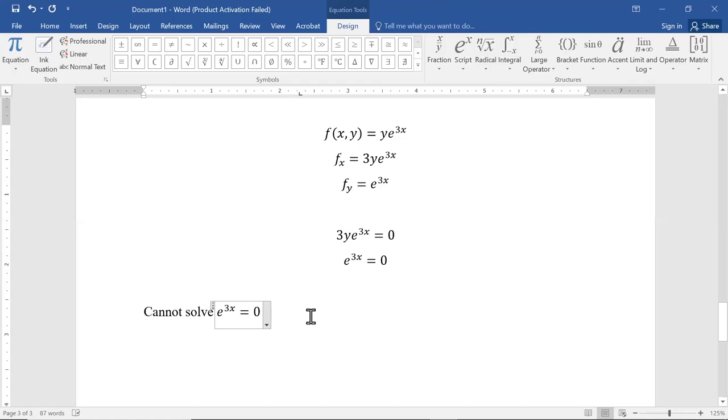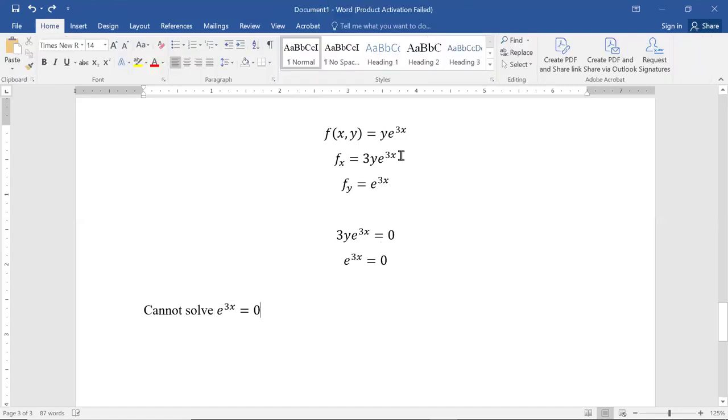Therefore, there's nothing we plug in that gives us an undefined f sub x or f sub y. And there's also nothing that can give us f sub y to be 0. Therefore, there are no critical points for this function.